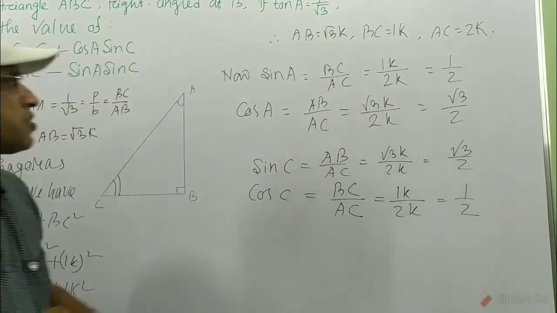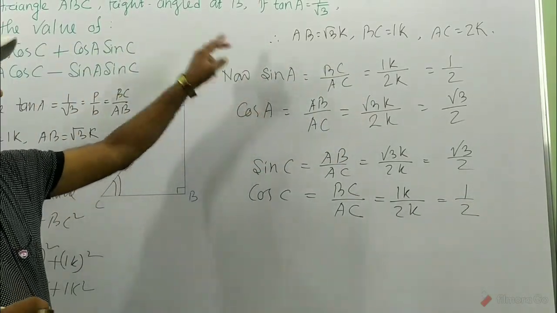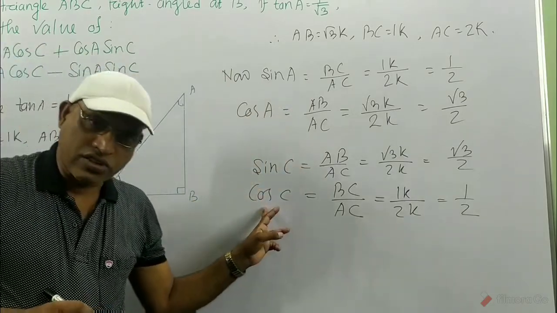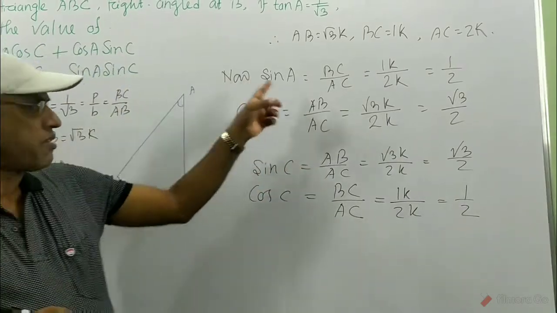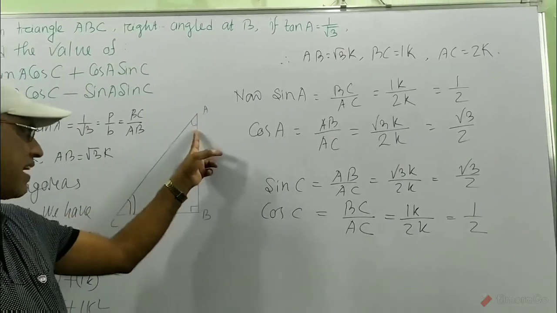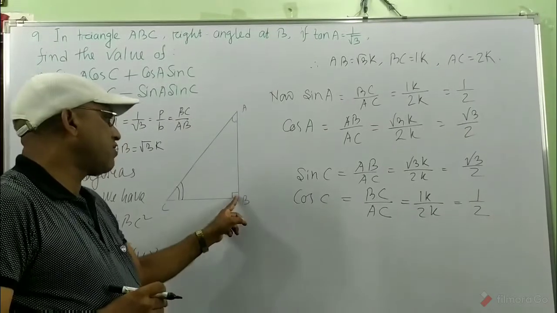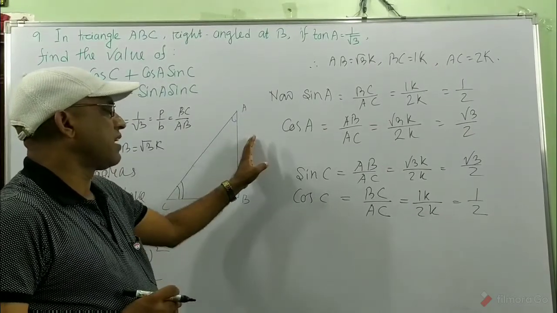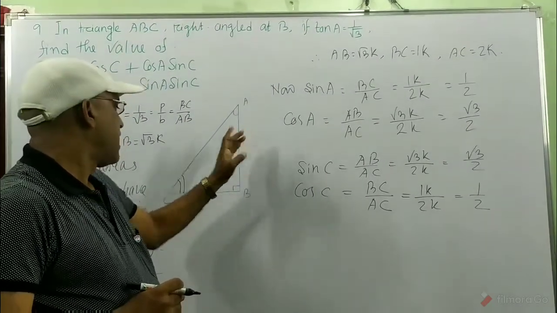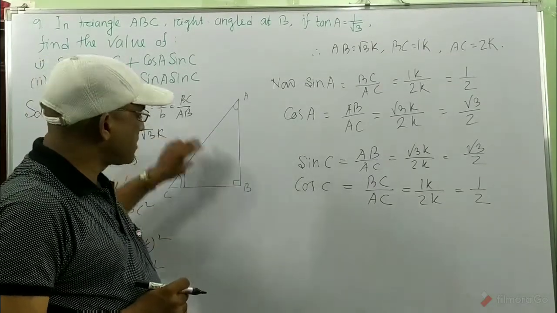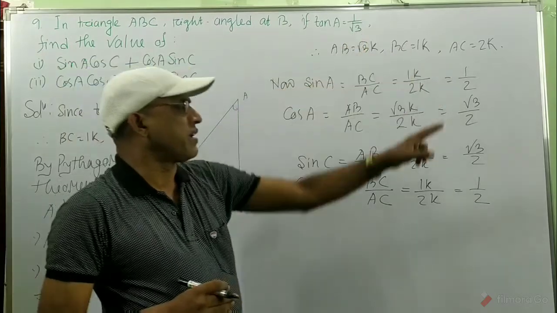So these are the values of sin A, cos A, sin C, cos C. Students, you have to remember that when you assume this angle, the side opposite is the perpendicular, the side opposite the 90 degrees is the hypotenuse and the other side is the base. And if we assume the other angle, then this is the perpendicular and this will be the base.